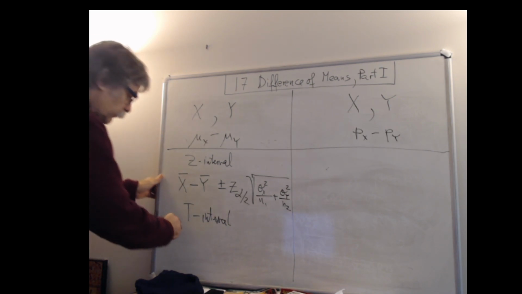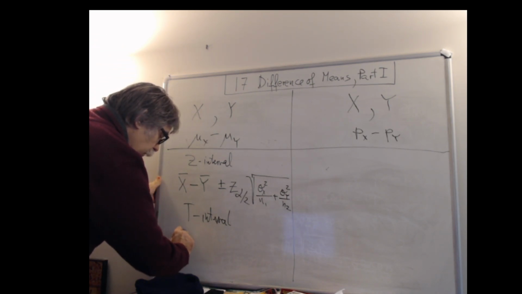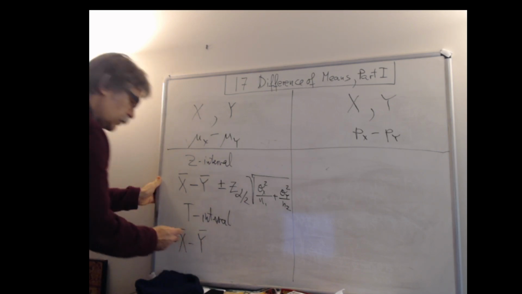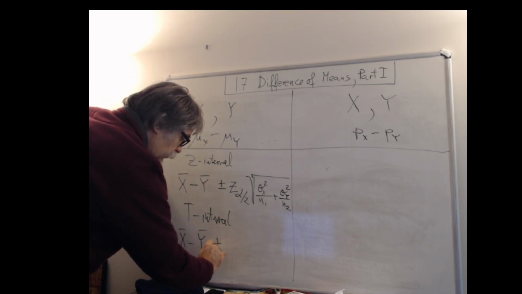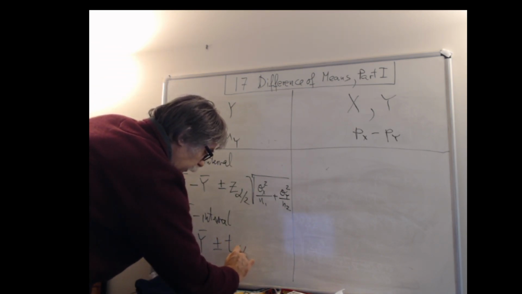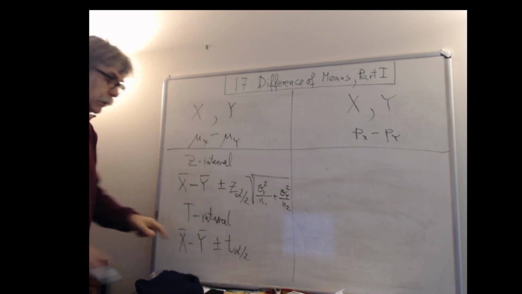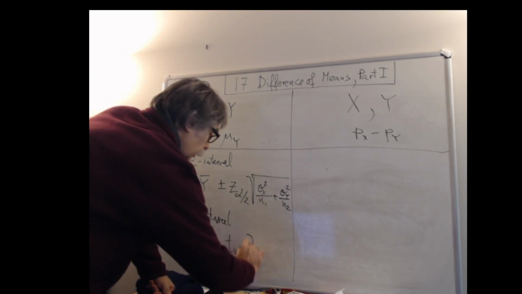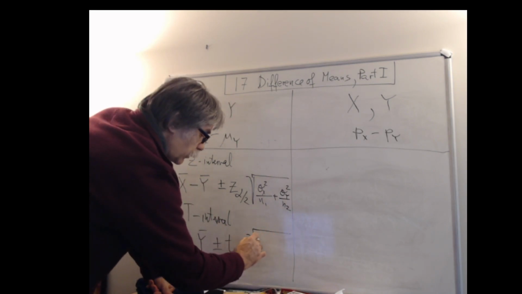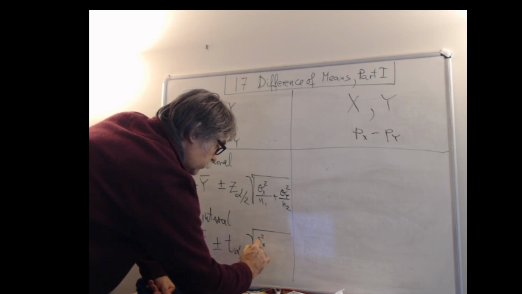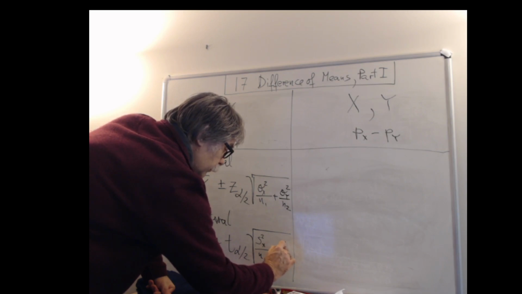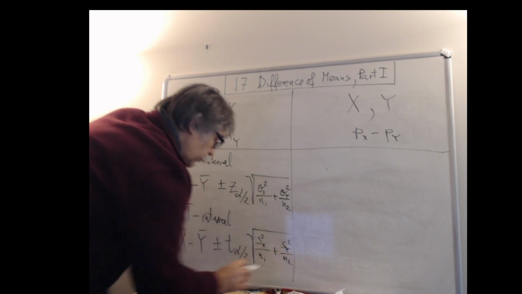but with the t-interval we have, again, the point estimate is the same. The difference of two sample means, give or take. Now I have a critical t-value. The critical t-value, and here you have the radical, in which you now have a sample variance divided by whatever you have in that sample, plus sample variance divided by whatever you have in this second sample.